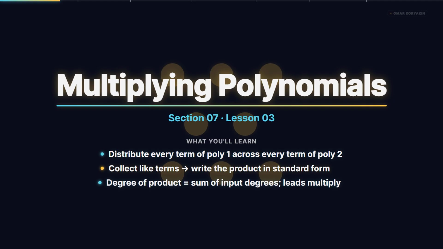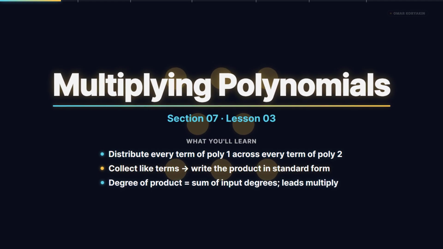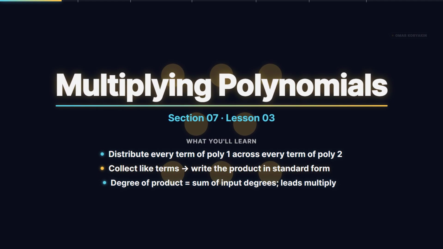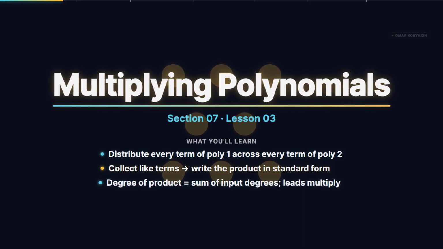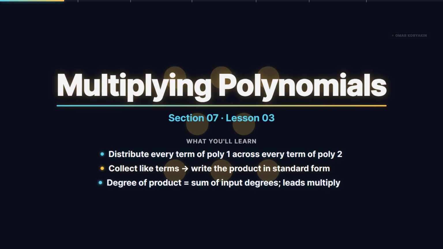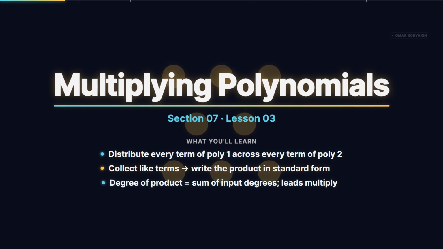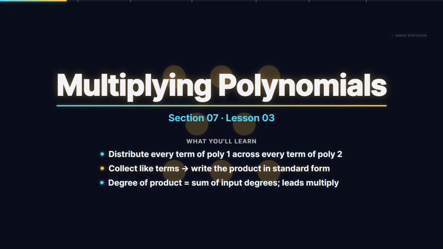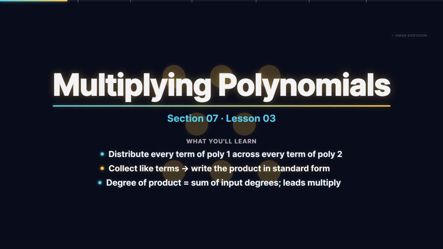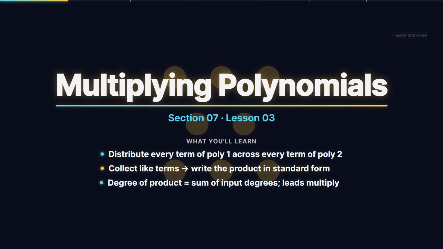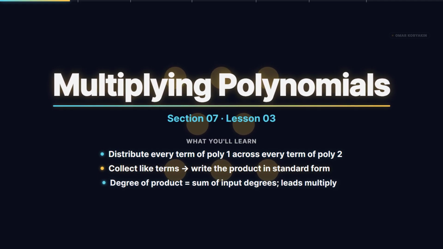The number of distribute and multiply steps in a polynomial multiplication problem equals the number of terms in the first polynomial times the number of terms in the second polynomial. A binomial times a binomial requires 4 pairwise products. A trinomial times a binomial requires 6 pairwise products. A trinomial times a trinomial requires 9 pairwise products.